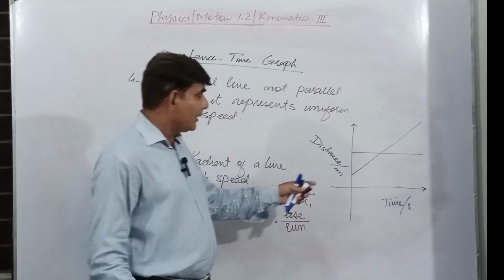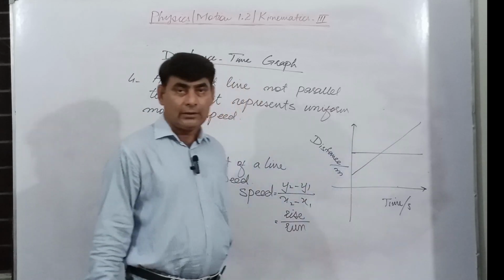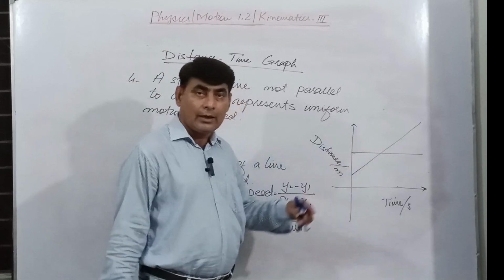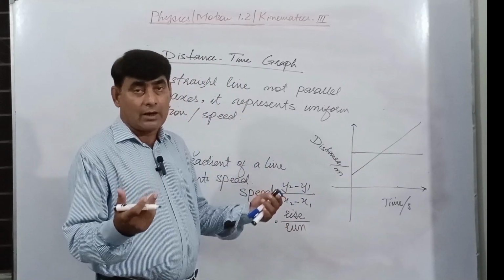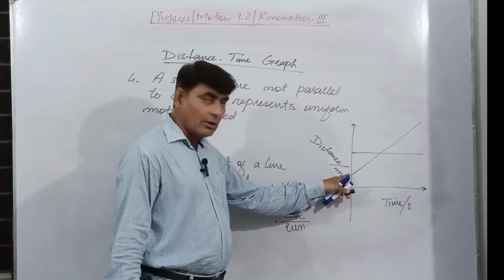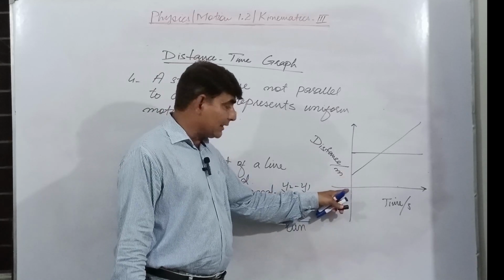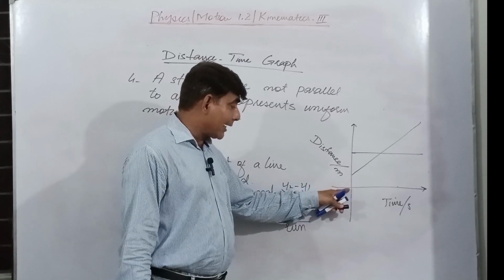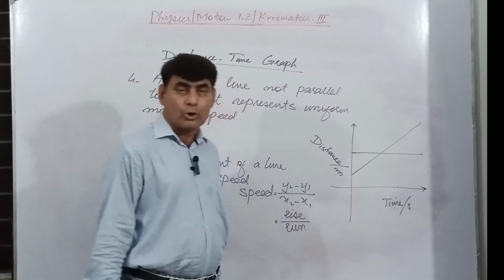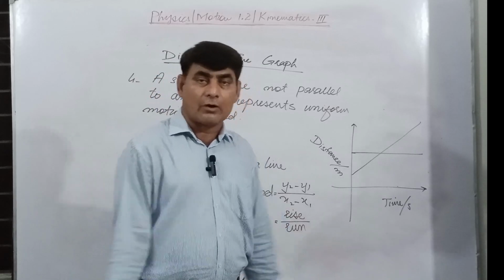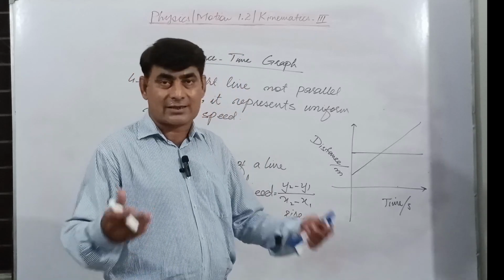But remember, it must be a straight line, and we observe motion from this point. Already the object is moving with some speed. Otherwise, if I start to draw a line from the origin, it is an object with a uniform speed from rest.